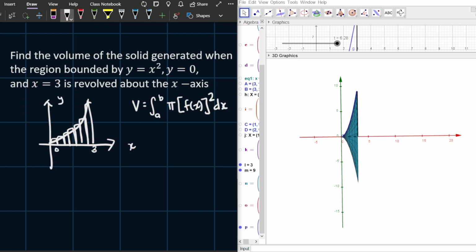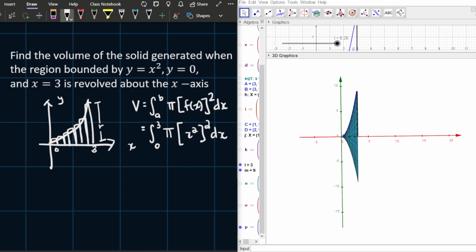So the volume would be the definite integral from 0 to 3 pi. And then yung f of x natin, this should be the radius of each circle. So yung radius niya, etong part na to, which varies as we go along this curve. No? So this would actually just be x squared dx.